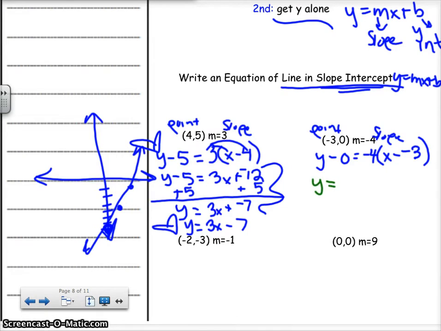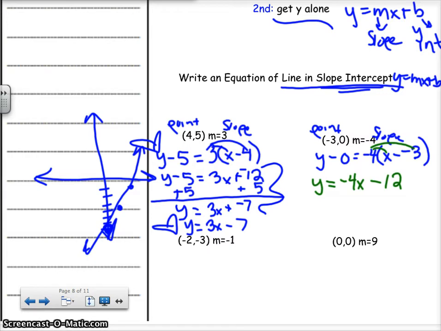Y equals, now I'm going to distribute. I'm just leaving this minus a negative now because I got a negative on the outside. I know I'm going to be dealing with negative signs galore. Negative 4 times x is a negative 4x minus negative 4 times negative 3 is what? 12. Oh, it turned pretty. It's okay. I don't have to do anything.